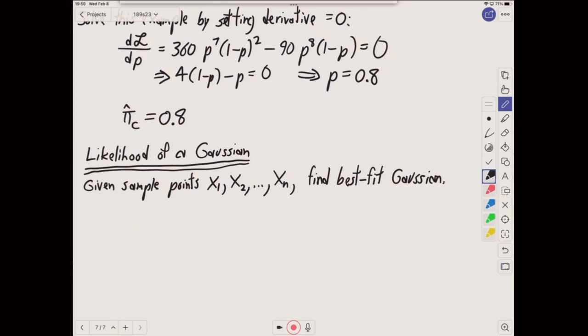If I generate a random point from a normal distribution, what is the probability that that point will be exactly x1? Well, it's 0 because the normal distribution is a continuous distribution. If you generate a random point from a normal distribution, there is basically no chance that it's going to be exactly x1.